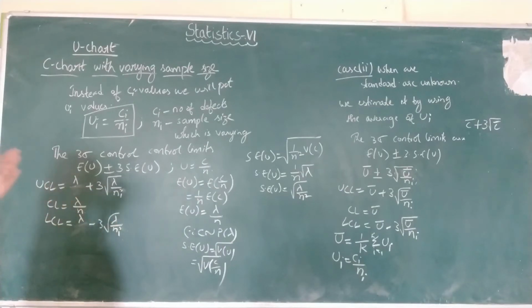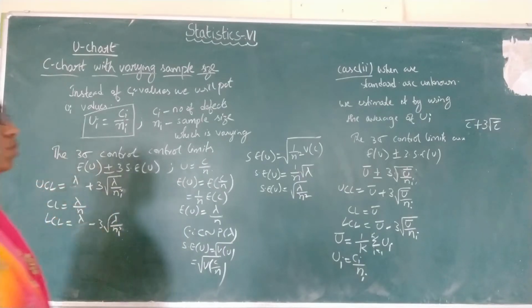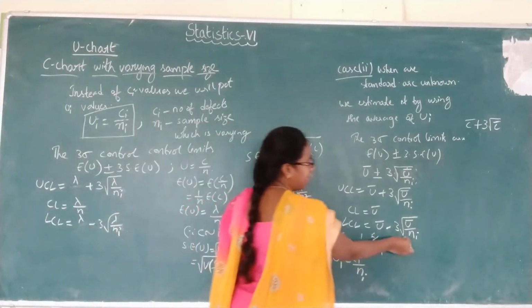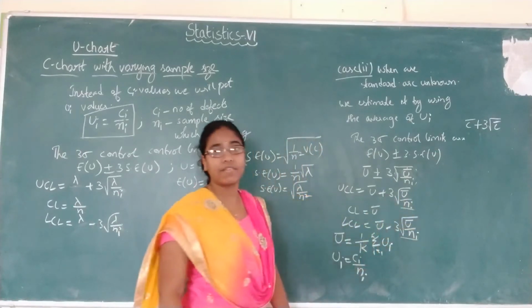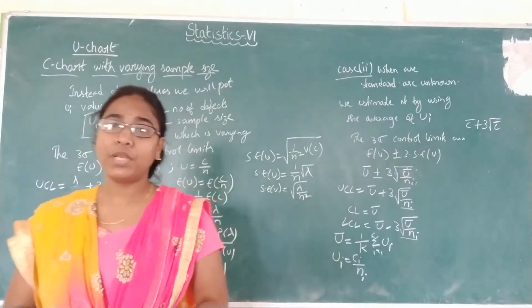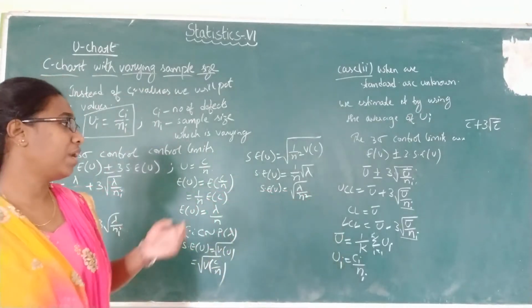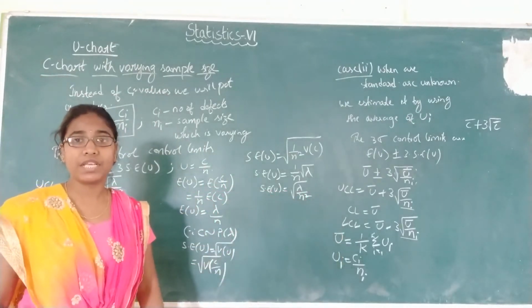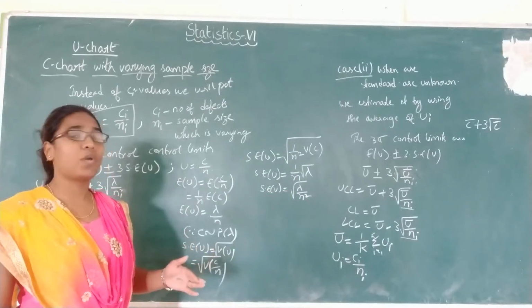Only in the UCL and LCL values do you have ni values. So for every sample you will get one UCL. If you have 10 samples, you will get 10 UCLs. So those UCLs will be plotted.